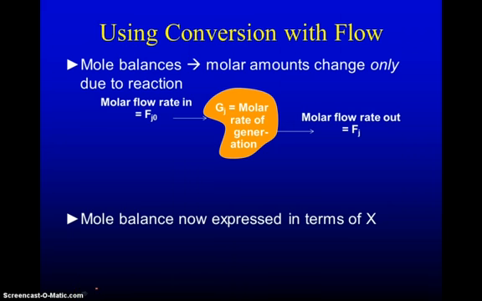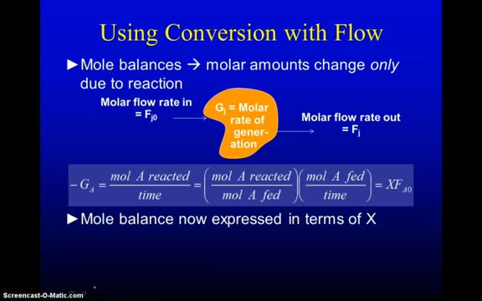If we have flow, we can go back to our general mole balance to figure out what to do with conversion. Now, the opposite of the rate of generation of a species is the moles of A reacted per time. And we can express this as the moles of A reacted over the moles of A fed multiplied by the moles of A fed over time, because we just multiplied and divided by the same thing.